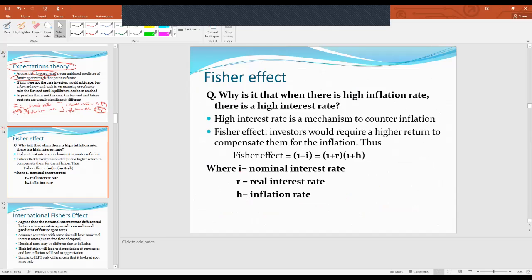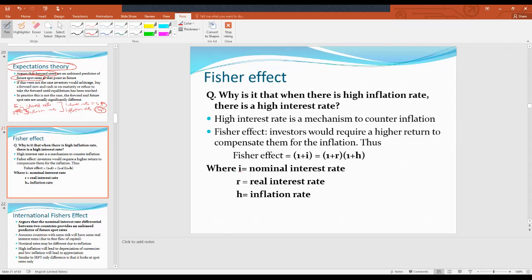The nominal interest rate to be received by the holder must take into account the inflation that will be experienced in that particular economy. So we say that 1 plus the nominal interest rate is equal to 1 plus the real interest rate, multiplied by 1 plus the inflation experienced in that particular country.